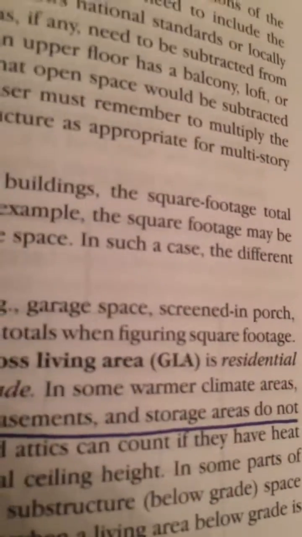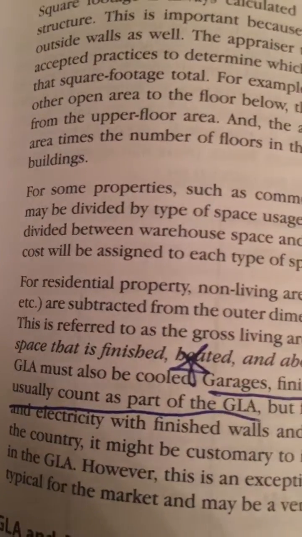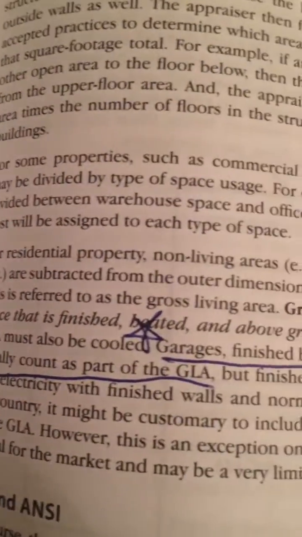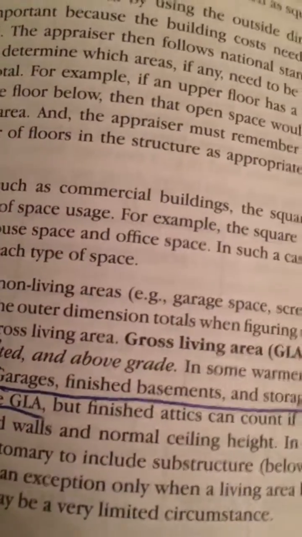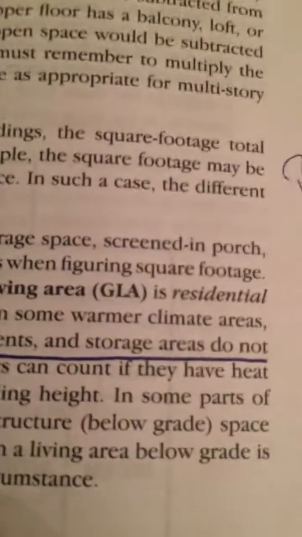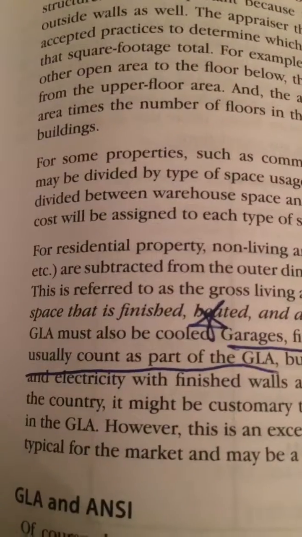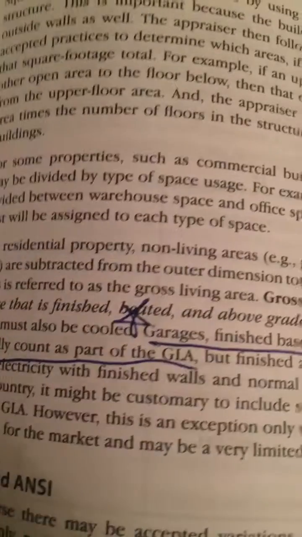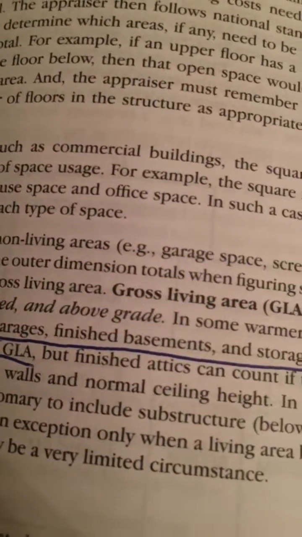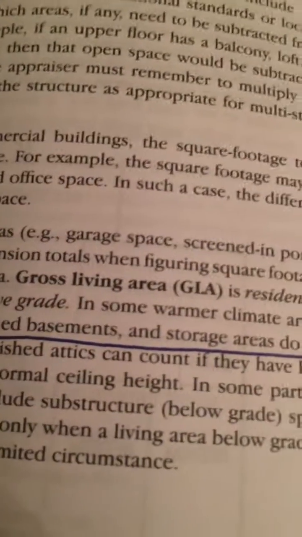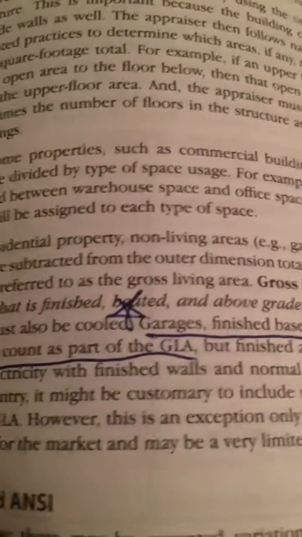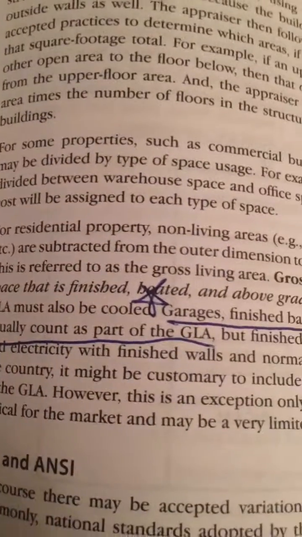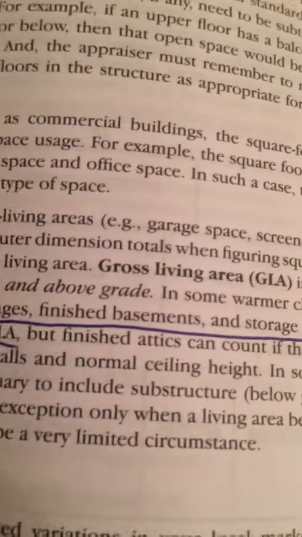In such a case, a different cost will be assigned to each type of space. For residential property, non-living areas, for instance garage space, screened-in porch, etc., are subtracted from the outer dimensions totals when figuring square footage. This is referred to as the gross living area.